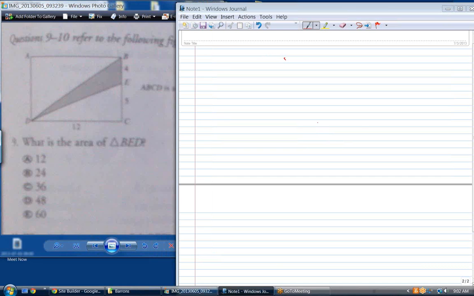If I draw this triangle, in other words, if I rotate that 90 degrees so that that's the base, the height of that triangle is this vertical height right there, which in this case is 12.